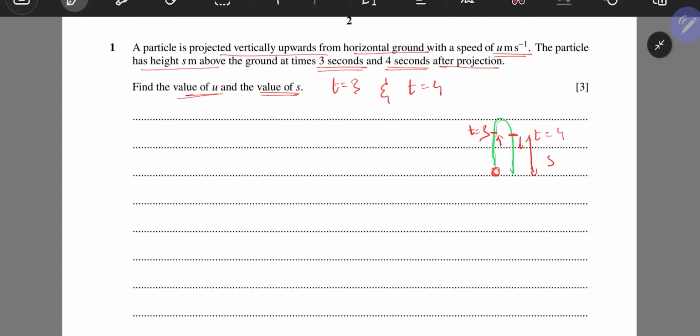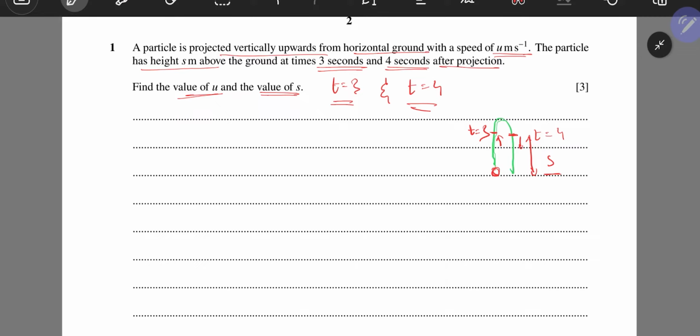So now that I have an idea of what is happening, I'll just decide which equation to use. They've given me two times, and they've given me a variable for the height and speed. So let's use the equations of motion, SUVAT.